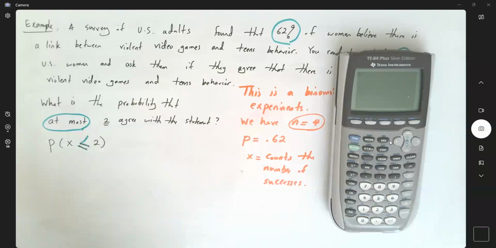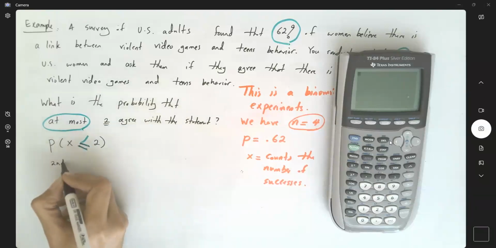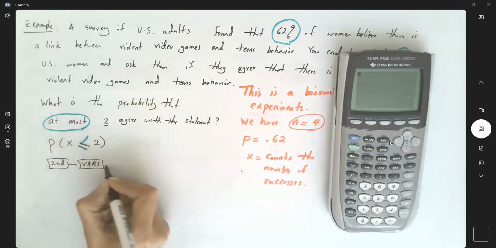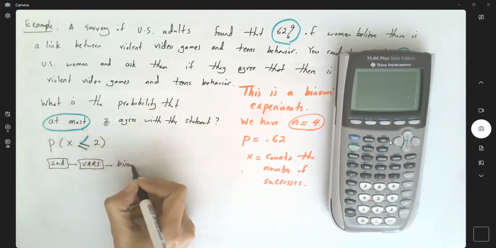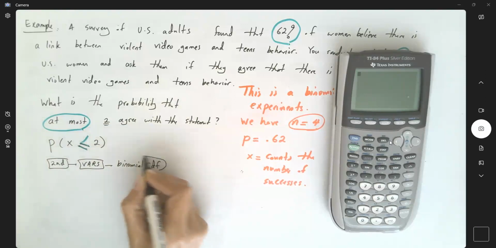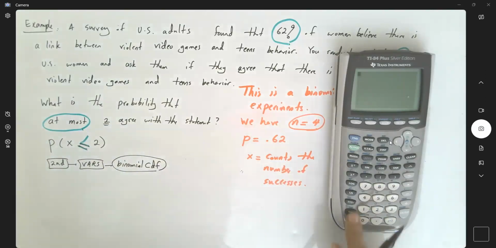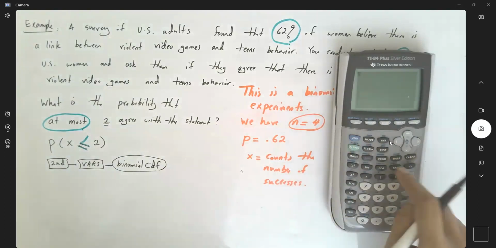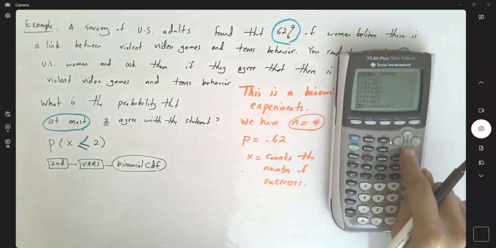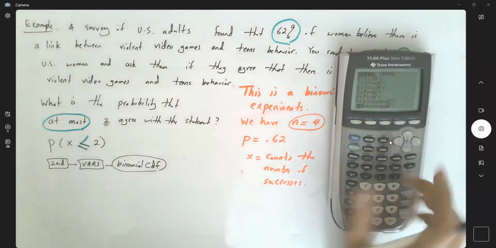For at most, we're going to click on second, go to VARS, and now you need to find binomial CDF, cumulative CDF. So turn on the calculator, second VARS, and go further down to find binomial CDF.